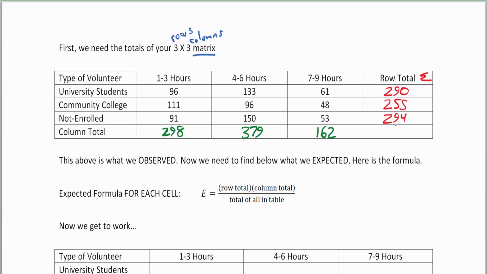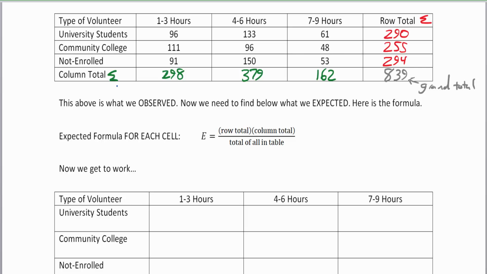Now, because this was the column total and this is my row total, let's get our grand total. I could add these 3 red numbers or these 3 green numbers, and this gets me to a total of the entire table of 839. So this here is my grand total, the entire table sum, 839.